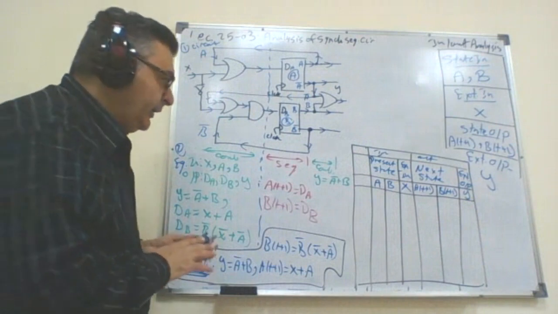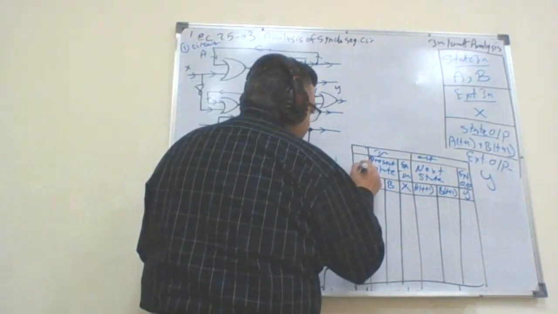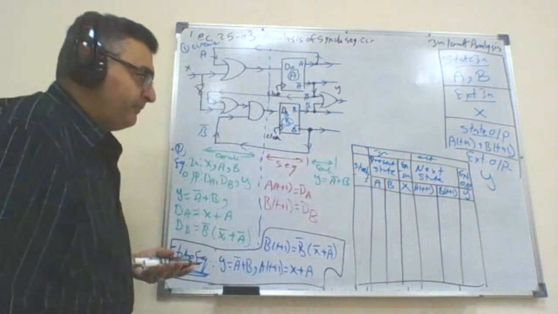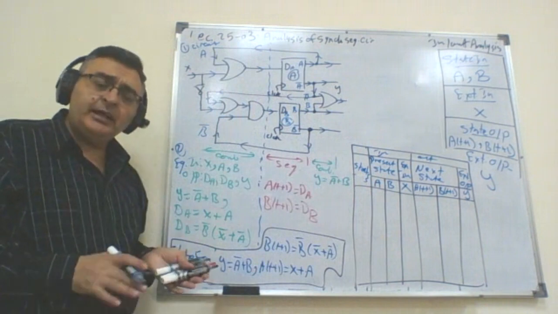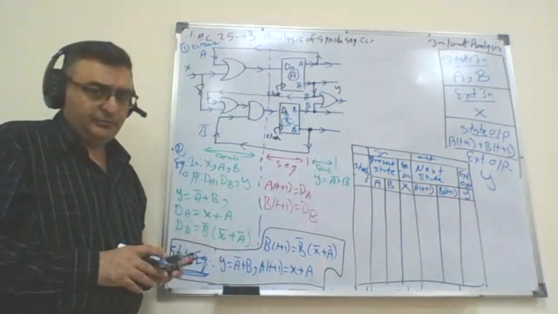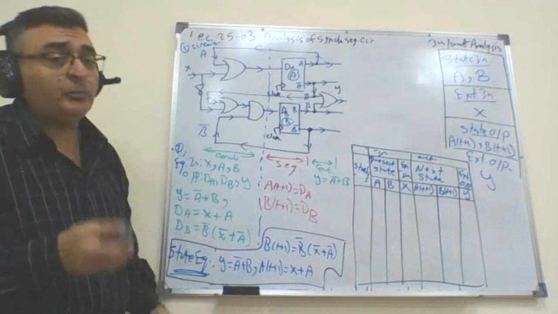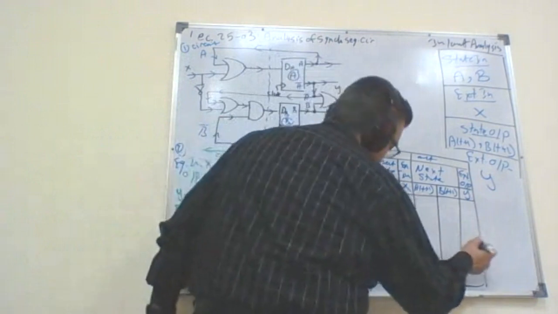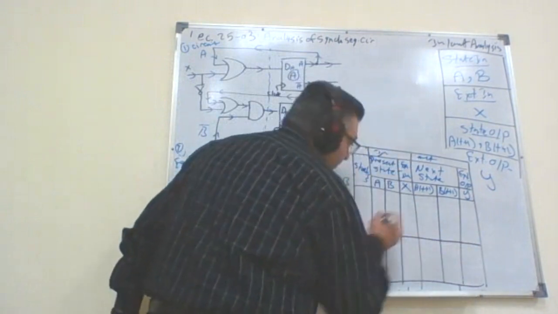Everybody's following? Now, I have here usually representing the states. States are represented here. Now I have a truth table for three inputs and three outputs. Can I build this table? That means this table has how many rows? Has 8 rows. So let me split this into two halves.